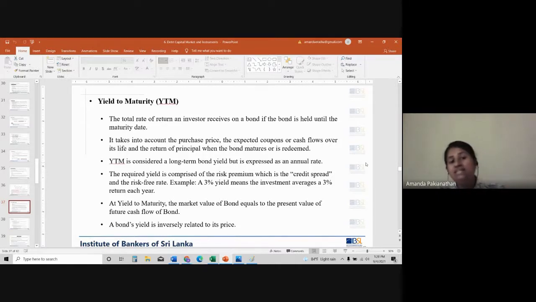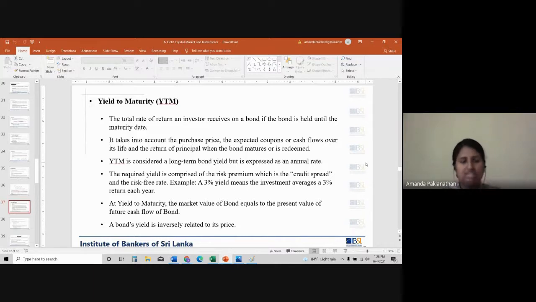Current yield was telling us what your yield would be for one year. Here, we are going to talk about your yield on an instrument if you hold it until the maturity date.